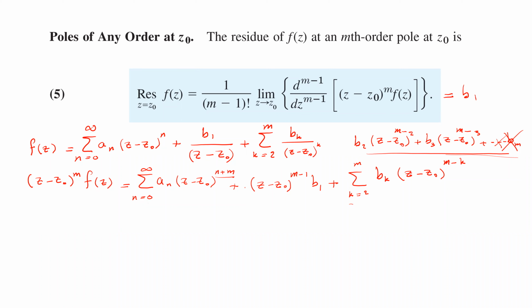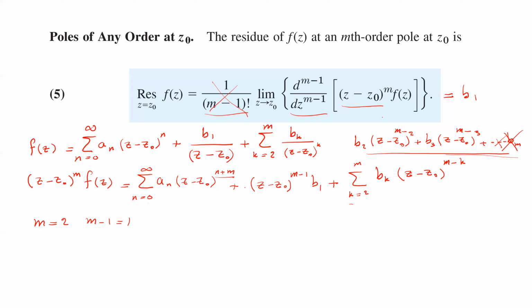Okay. So we don't usually have this m very large. We usually have m equal to 2 or 3 maybe. So what if we have m equal to 2? Then m minus 1 is equal to 1. So we have only one derivative, and (z minus z naught) to the power 2 multiplied by f of z, and then m minus 1 factorial, which is 1 factorial, becomes 1.